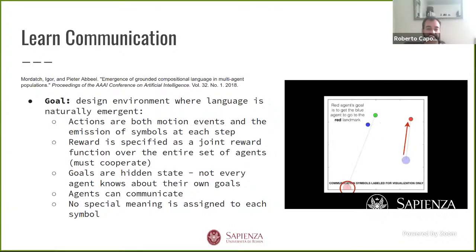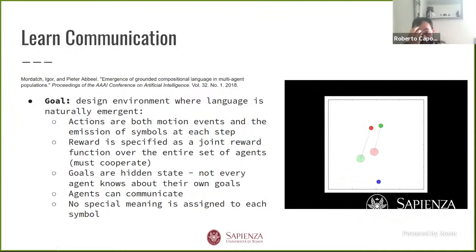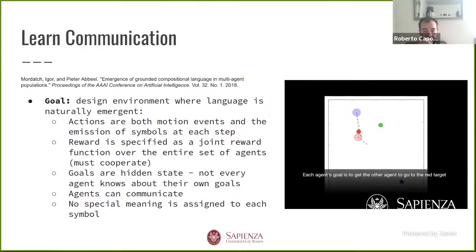So each agent needs to communicate, in this case which goals they're going to. Of course, given that there was no meaning assigned to each symbol, they did an analysis afterwards, associating semantics to each symbol.